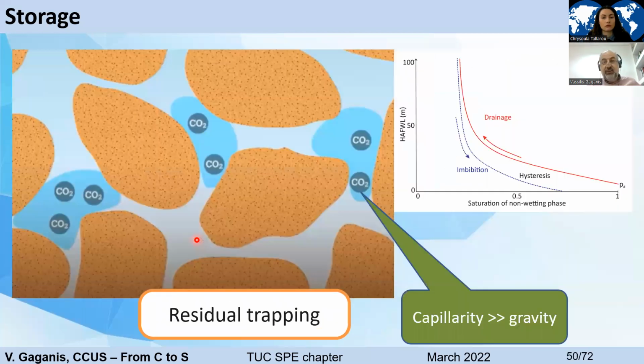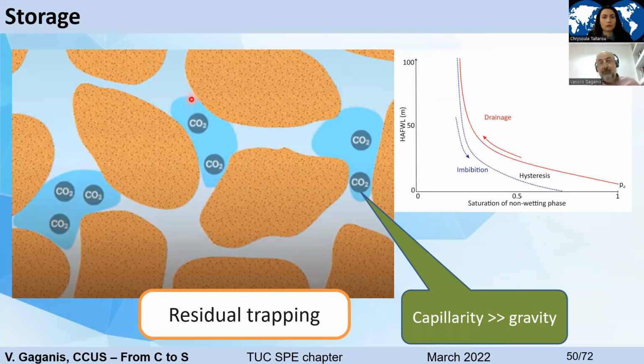Now, for the residual trapping, as I said before, it all starts with the hysteresis, the difference between drainage and imbibition. At the end of the day, there will be some amount of CO2 which will have an entirely different interfacial tension compared to the original CO2 plume, and therefore it will be trapped here, regardless of the viscous forces.